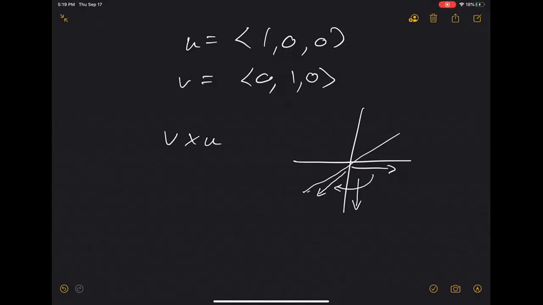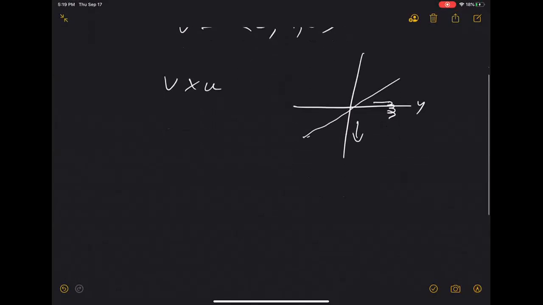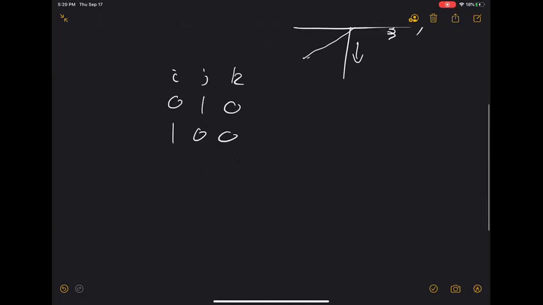So again, the majority did not get this right, it seems. Let me make sure I'm telling you the right thing. This is the y-axis. If my fingers are pointing this way and I curl them this way, my thumb would be pointing downwards, yeah. So the right hand rule tells me that the cross product should be pointing in the negative z direction. And we can check this by actually computing the cross product, right? i, j, k, this is how I set up my cross product.